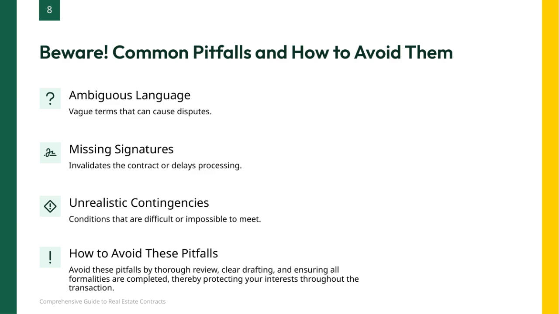Another frequent pitfall is unrealistic contingencies. These are conditions that are difficult or even impossible to meet, which can stall or derail the agreement. To avoid these problems, it's essential to conduct a thorough review of the contract. Draft it clearly to eliminate any confusion and make sure all formalities, like signatures, are properly completed. Doing this protects your interests and helps ensure a smooth transaction.